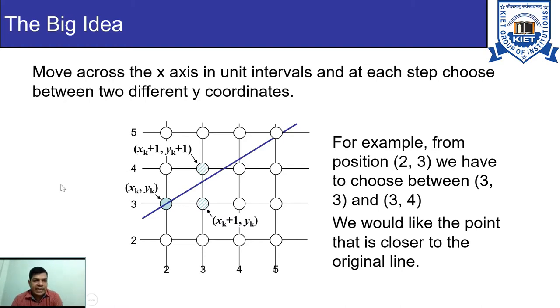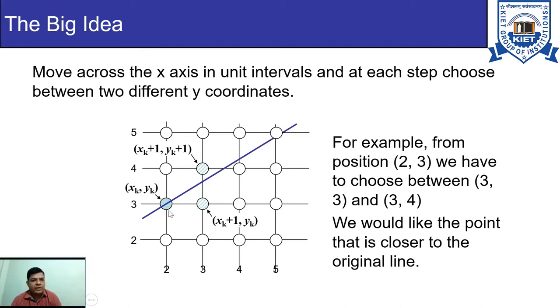And we know that as per the DDA algorithm, whenever you draw a line with slope less than 1, we simply increment the value of x and approximate the value of y. Now move across the x-axis in unit intervals. At each step choose between two different y coordinates.